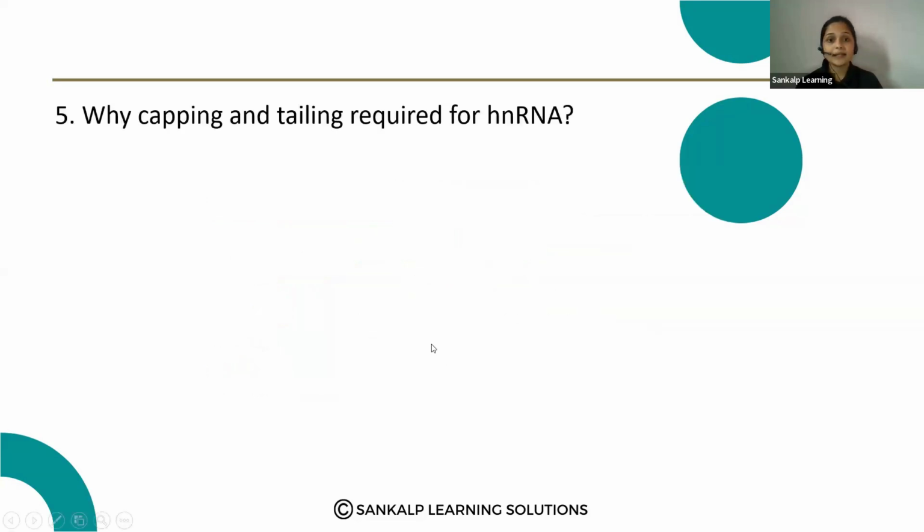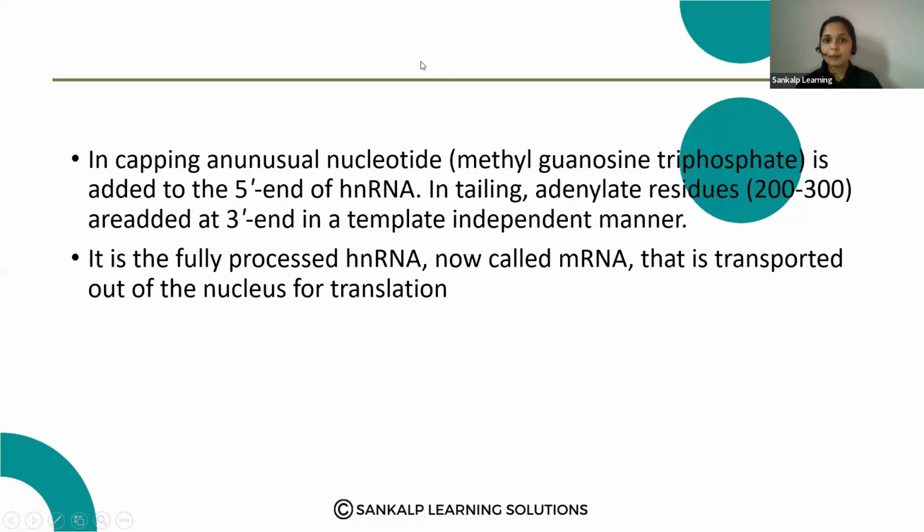Why is capping and tailing required for the hnRNA? Here the capping is the addition of an unusual nucleotide, methyl guanosine triphosphate, at the 5 prime end of the hnRNA. I told you that I will explain what is capping and what is tailing. What is capping?